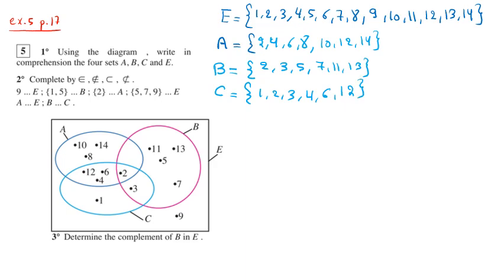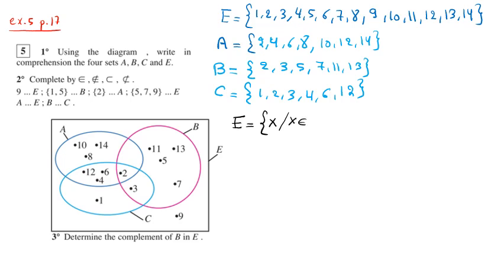To write each set in comprehension, first we start by set E. X such that X, these are natural numbers between 1 and 14. We use only the natural numbers.